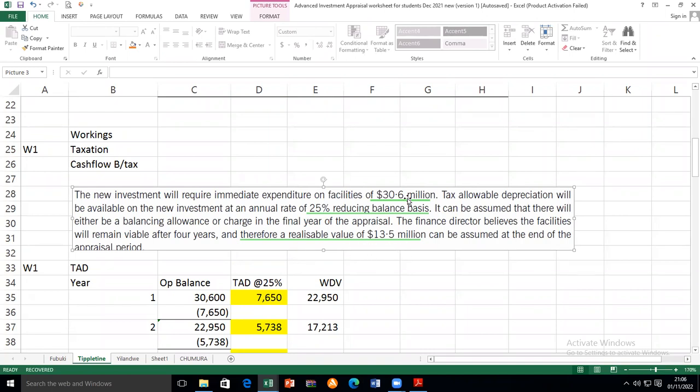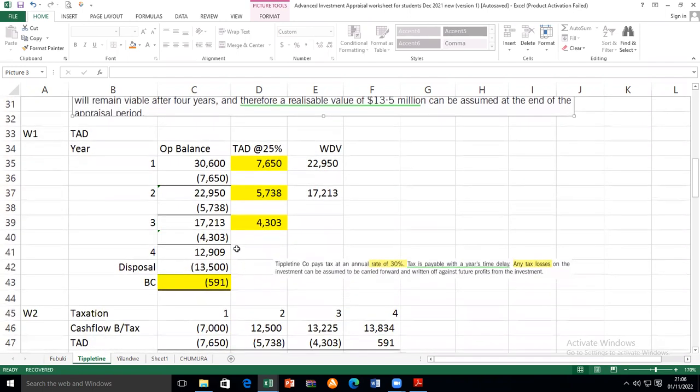So we take the 30.6 million, or if you throw away 3 zeros, work with 8,600. There are no issues, it's just 25%, isn't it? I hope you have your calculators there too. So you apply 25% on this figure. That's the capital allowance for year 1, or the tax allowed depreciation.